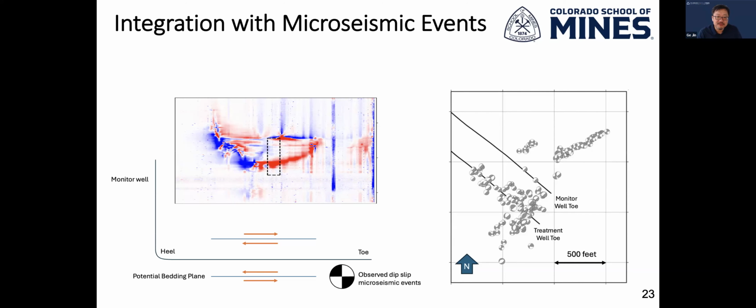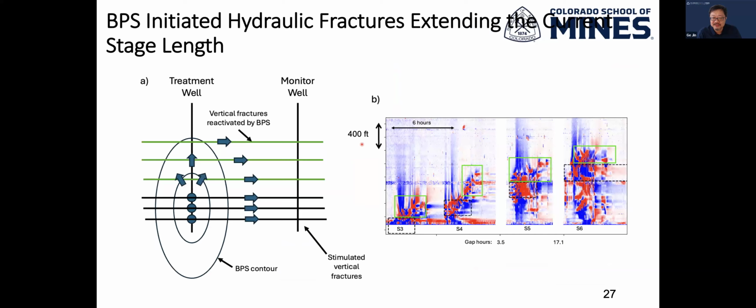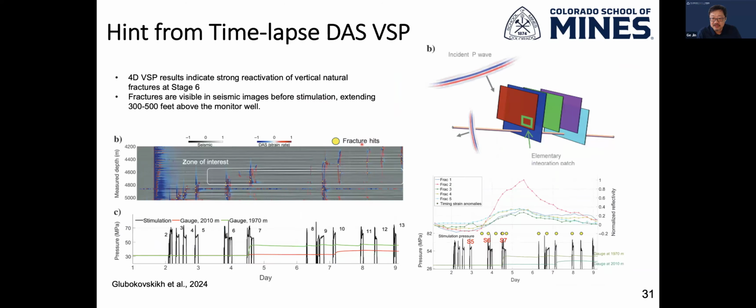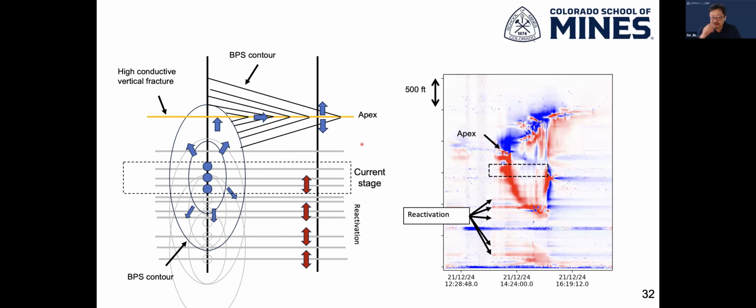But I do agree that, especially, one thing I didn't get a chance to mention in this talk is that once this bedding plane sheared and opened up, the conductivity of this bedding plane is very, very high. So the permeability is really, really high. It's actually showing a communication of the current stage with all the previous stage tensile fractures through this bedding plane.